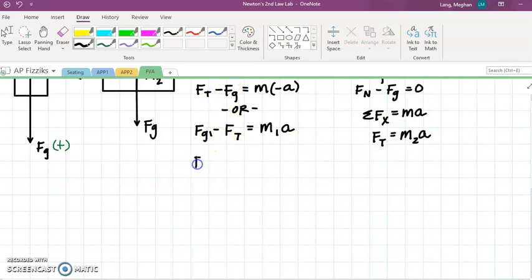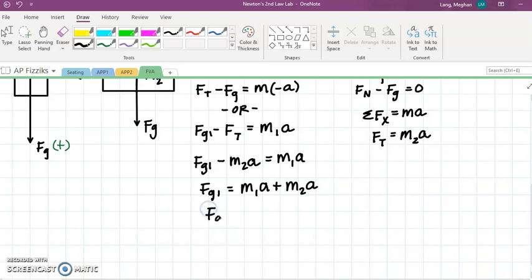So that tells me that FG1 minus M2A, so I'm just replacing force of tension with M2A because they're equal to each other, is equal to M1A, or FG1 is equal to M1A plus M2A, or force of gravity 1 is equal to M1 plus M2 times A, okay?